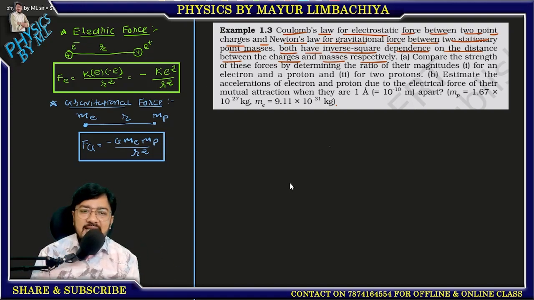Now, what else are they saying? A. Compare the strength of these forces by determining the ratio of their magnitudes. So, what they are asking is the ratio of the magnitude of these forces. So it means Fe divided by Fg. This is the ratio of these forces.